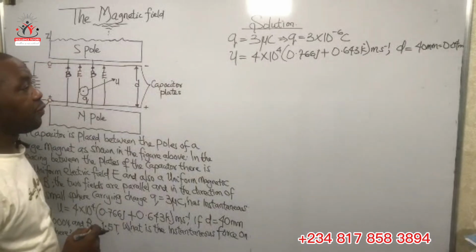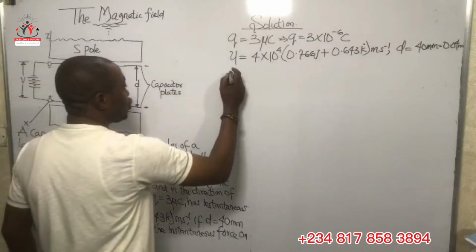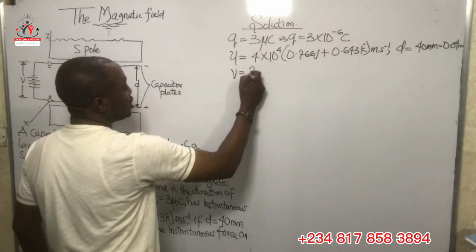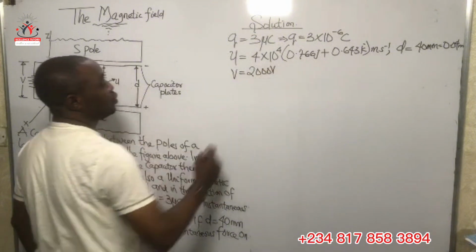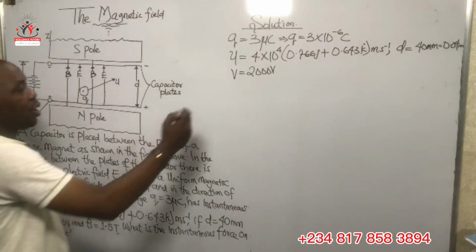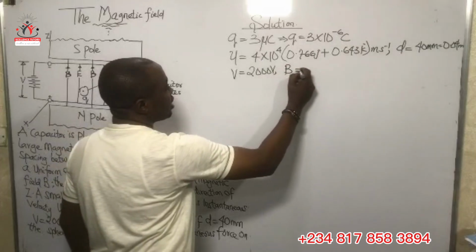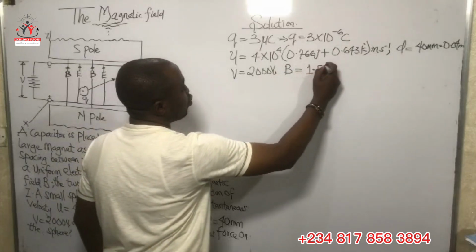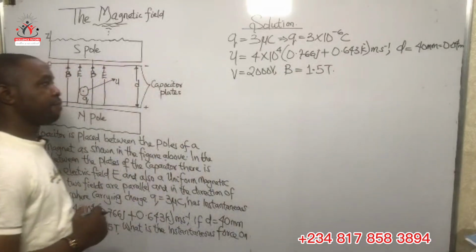Then also we are given the electric field potential to be 2000 volts, and the magnitude of the magnetic flux density to be 1.5 Tesla. All right.